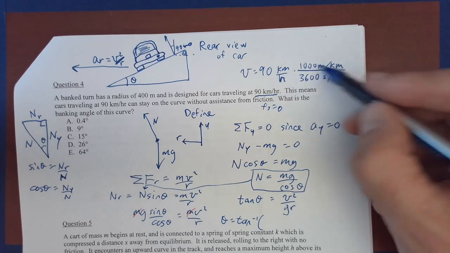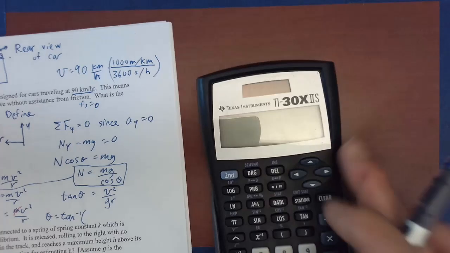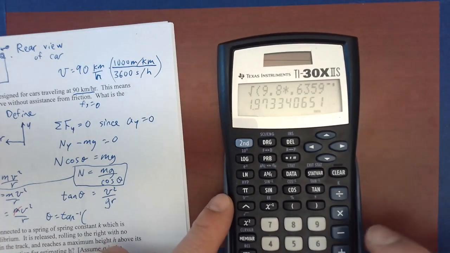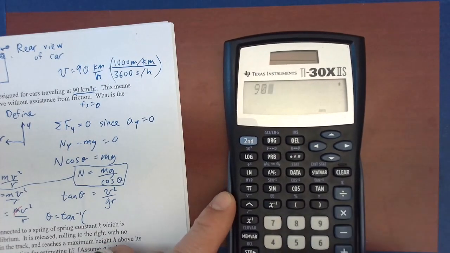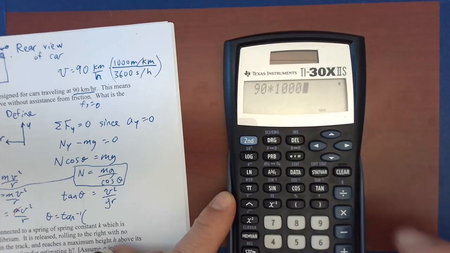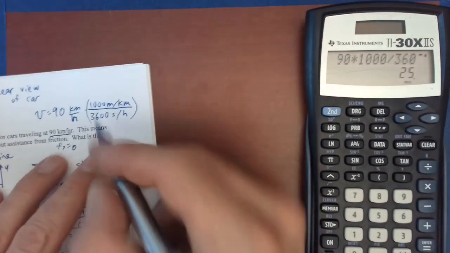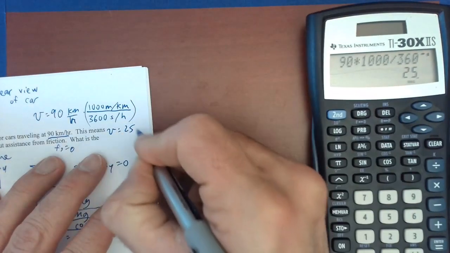That way the hours will cancel, and I'll get this in meters per second. So let's do that. I should have done that earlier. So 90 kilometers an hour times 1,000 divided by 3,600. Oh, it's 25. So v is 25 meters per second.